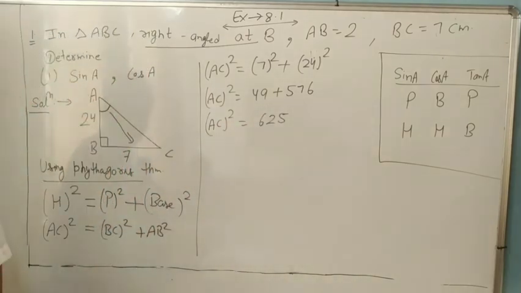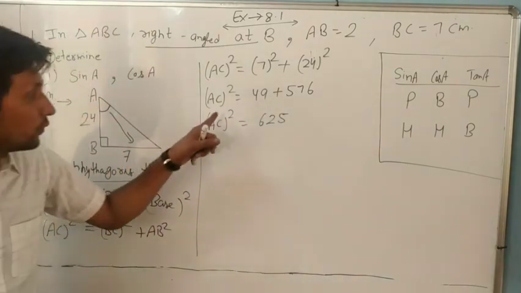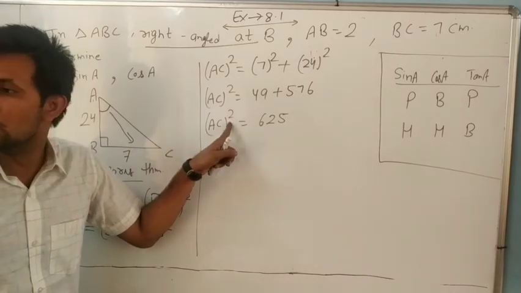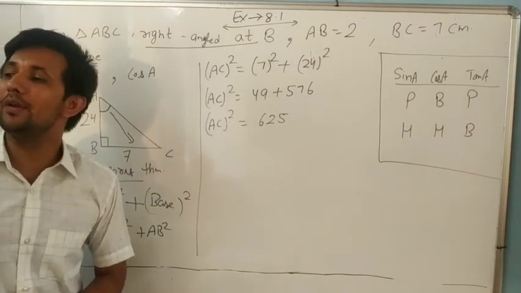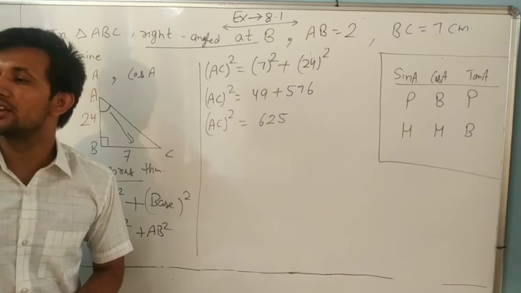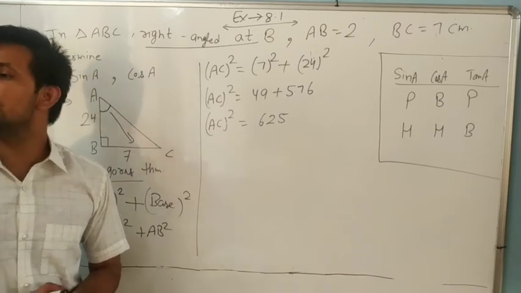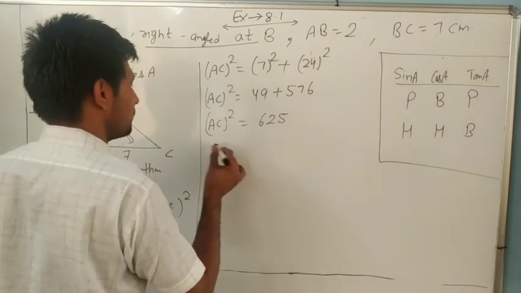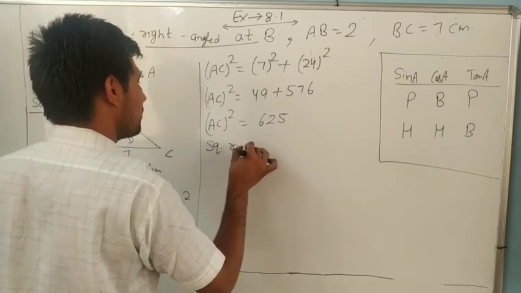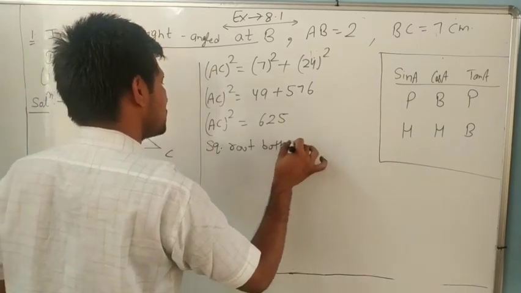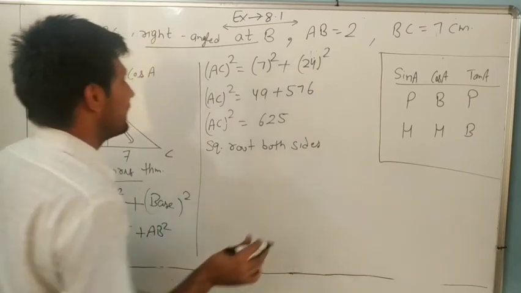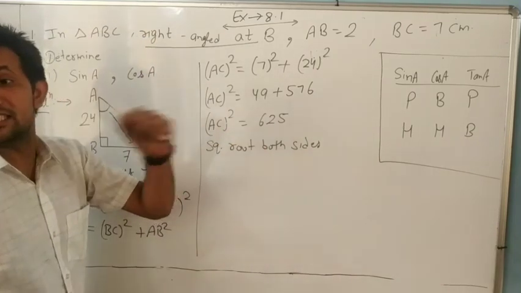We want to find AC, so we have to remove the square. How can we remove it? By taking the square root on both sides. Otherwise, you can directly write a number whose square is 625.